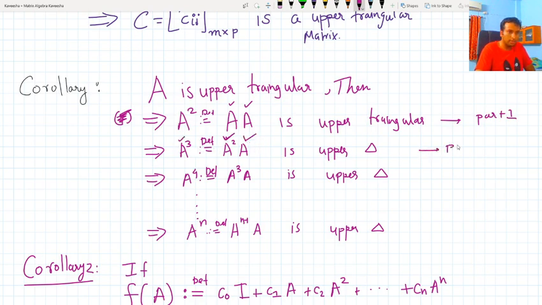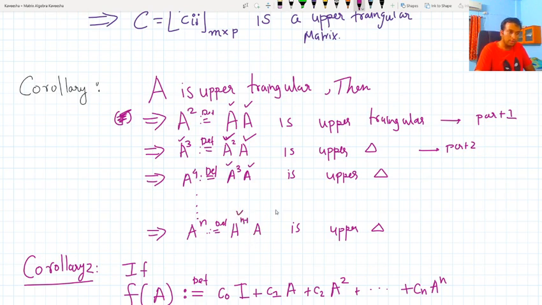I'll use this part 2 to prove part 3. Since we now proved that part 2 is true, that means that A cube is upper triangular and A is upper triangular, therefore A raised to 4 is upper triangular. And in any general case, A raised to n is defined as A raised to n minus 1 times A. When I use the word times, it means matrix multiplication.